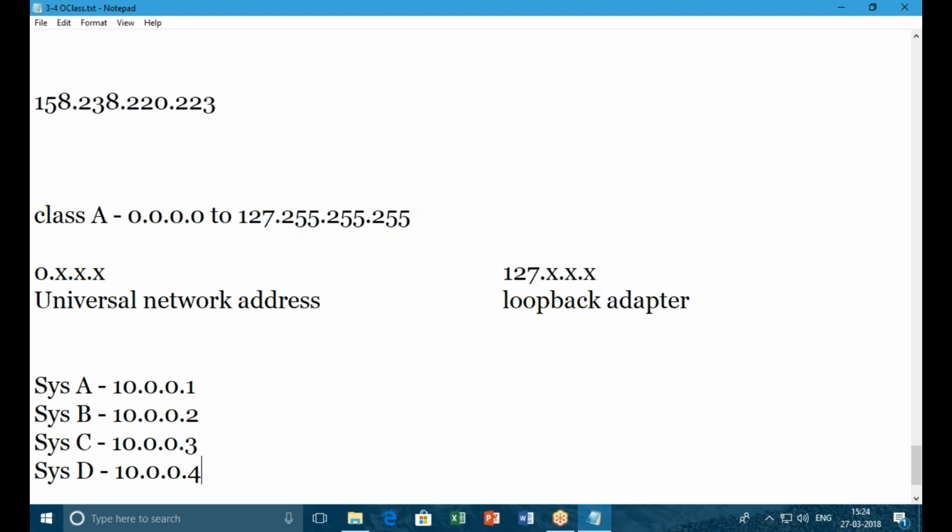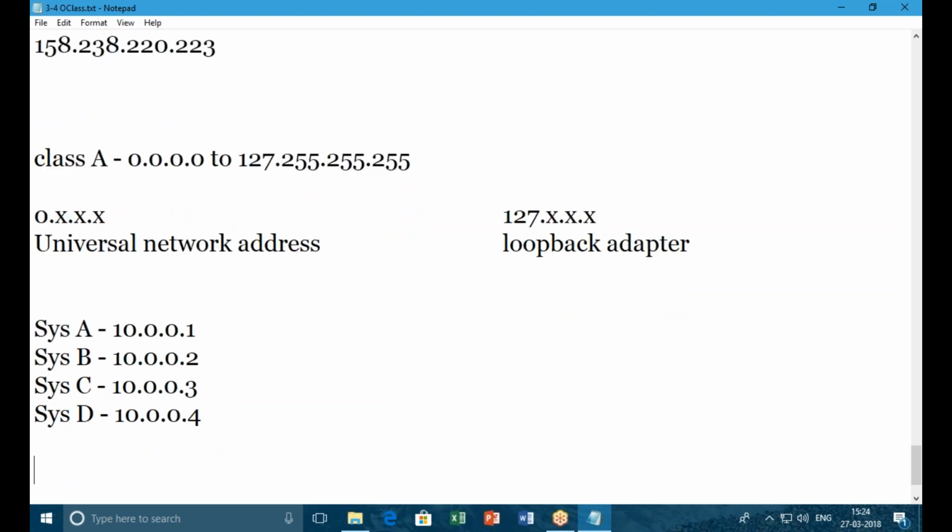It means we have used a 10.network IP address. The network we have taken is 10.